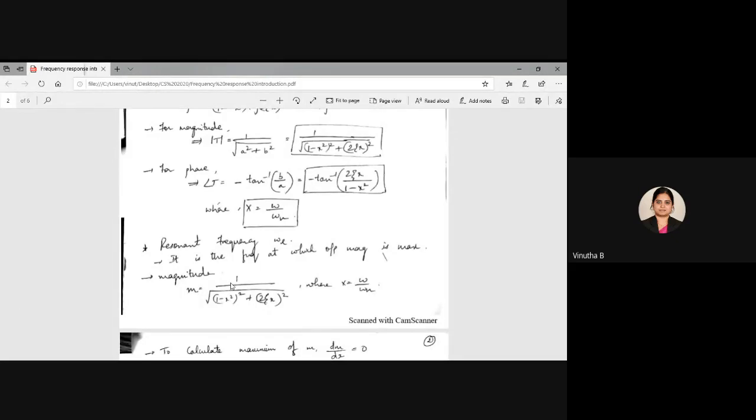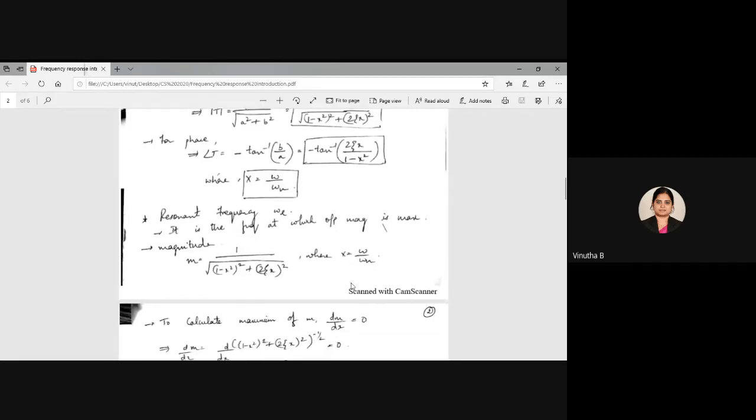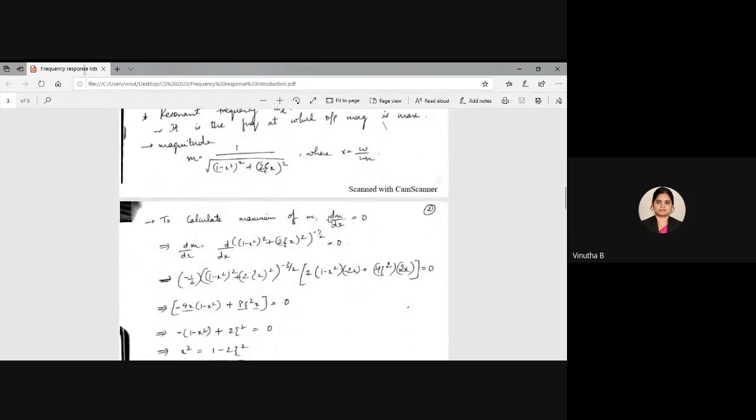So just write down the magnitude, which is given by 1 by the square root of 1 minus x square the whole square plus 2 zeta x the whole square, where x is equal to omega by omega n. To calculate the maximum of m, you should differentiate this m once with respect to x and equate that to 0.